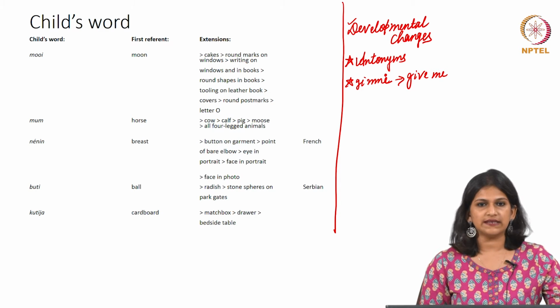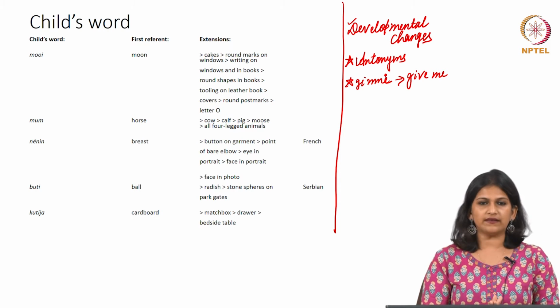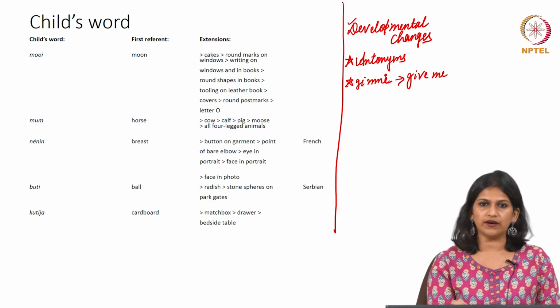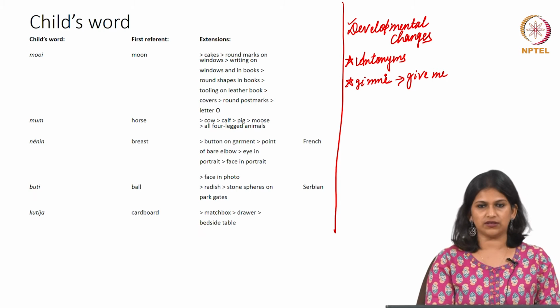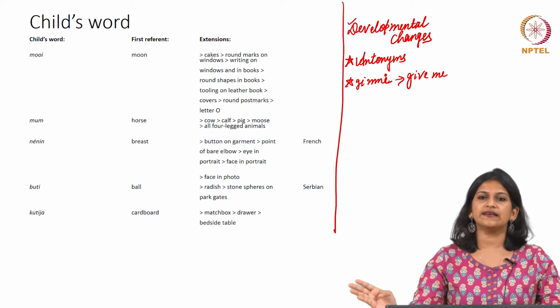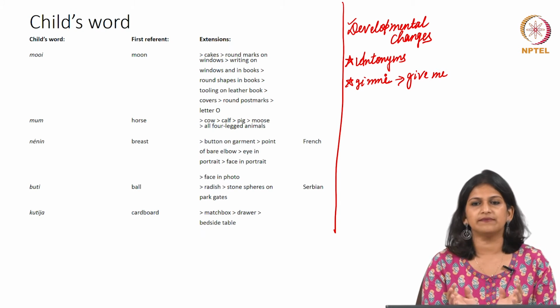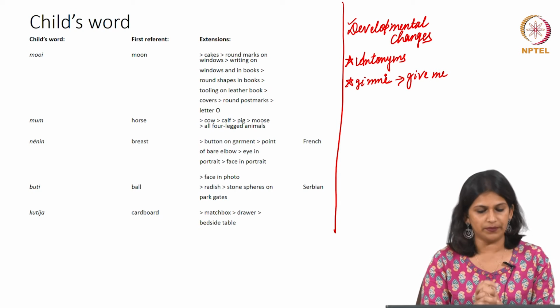So what do we see here? There has been a semantic overextension. A particular word, when the child acquires a language, she tries to extend too widely, and it goes beyond the semantic boundary of a particular term.